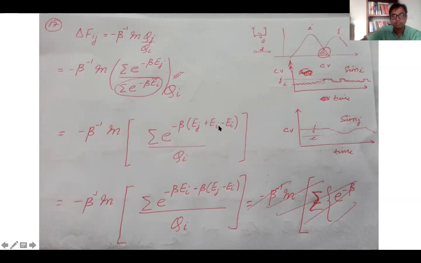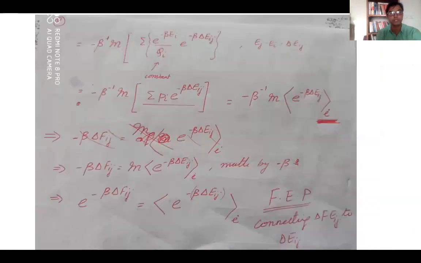So this is like adding 0 to the whole term here, and then you rewrite in terms of exponential of beta Ei and minus exponential of the difference between the two energies. And because these are exponential powers, you can put it as a product. And once you put it as a product, because Qi is for the reference state, you can assume it to be a constant.